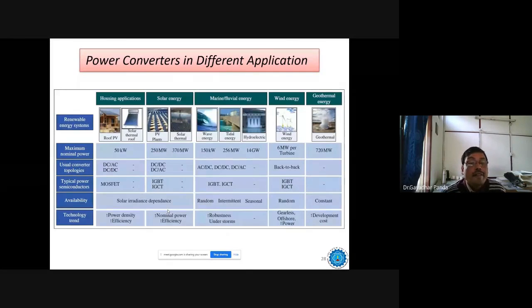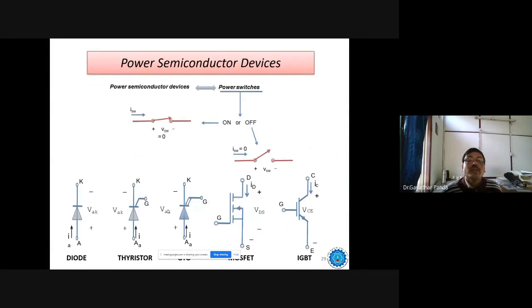These are the different applications of the different types of converters, and different switching capacities are also written. The switches IGBT, IGCT, all those are mostly used nowadays for inverter circuits. This is just a summary. These are the switching devices.